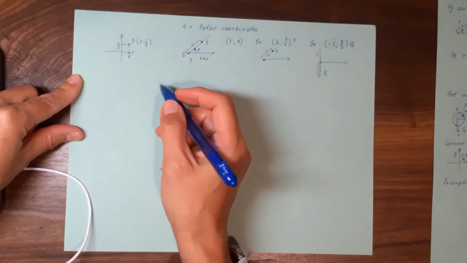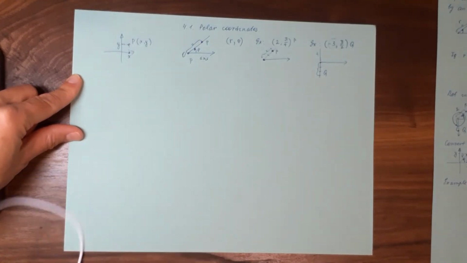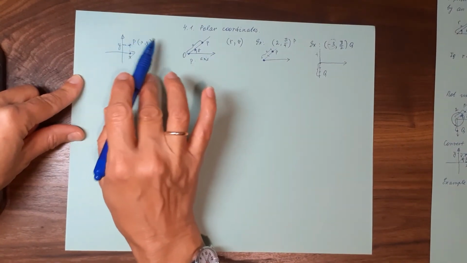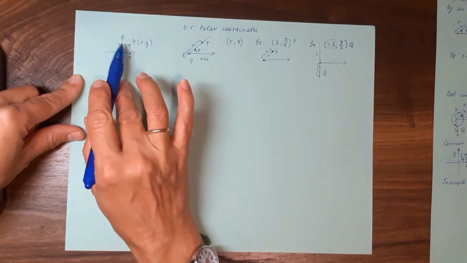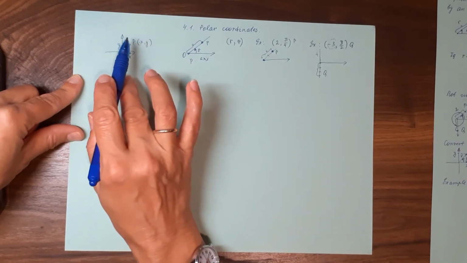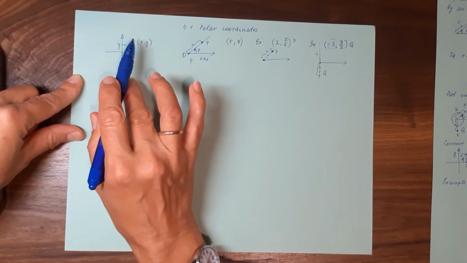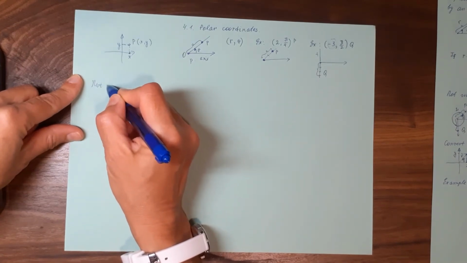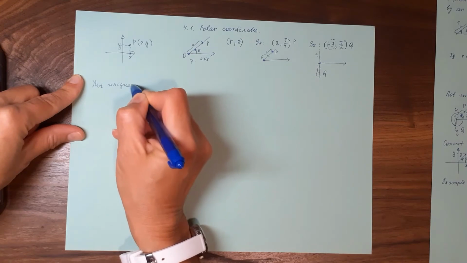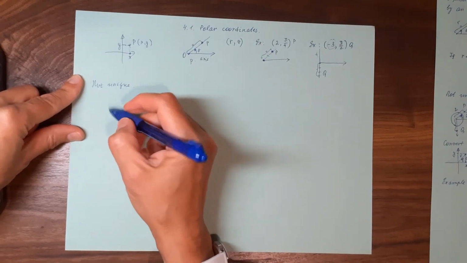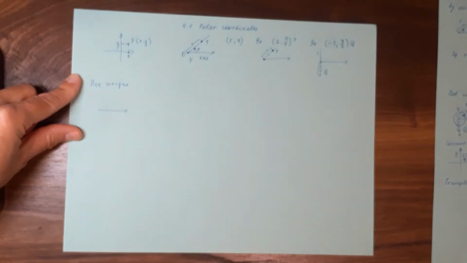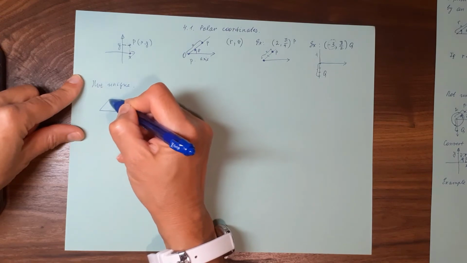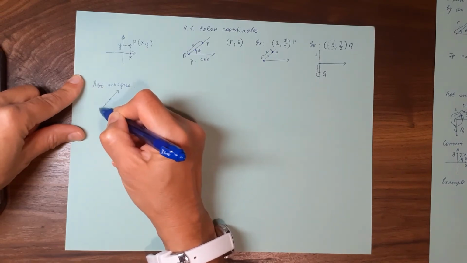Now, what is interesting? Polar coordinates are not unique. Cartesian coordinates give a unique pair of numbers corresponding to every point. In polar coordinates, 2, 3, 10, or 1 million different pairs of numbers can correspond to the same point. Let me show you a couple of examples of how that's possible. I'm going to graph my point P again, which I already had in an example, and show you another way to describe this point in polar coordinates.